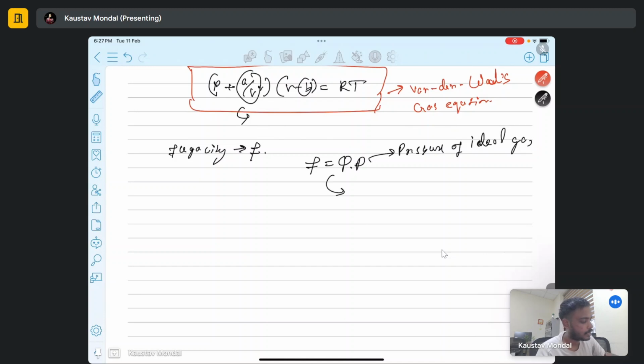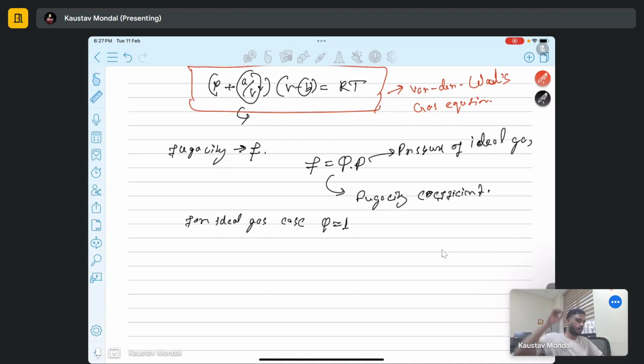This phi is known as the fugacity coefficient. For an ideal gas, the value of phi should be equal to 1.